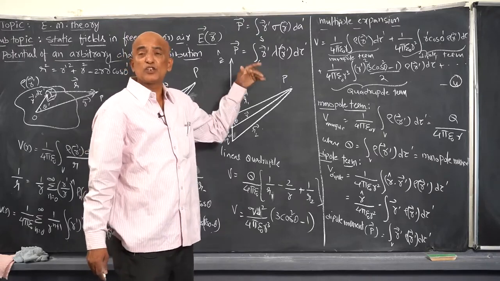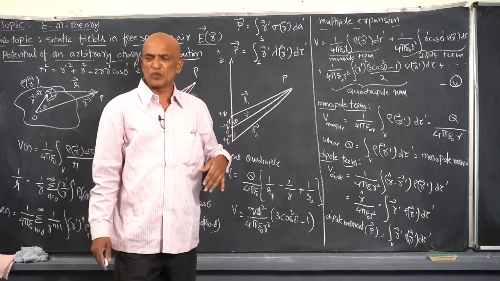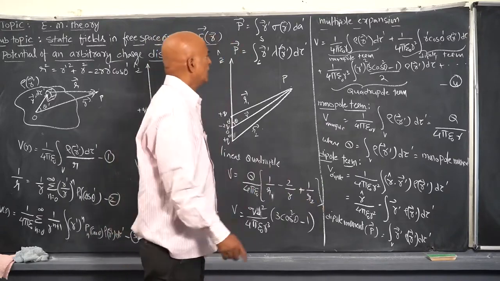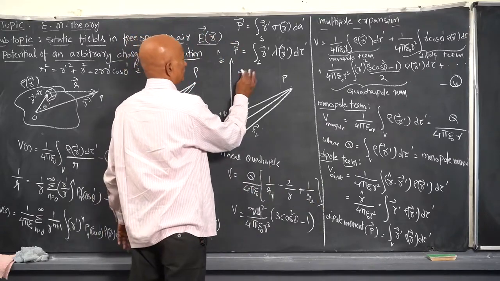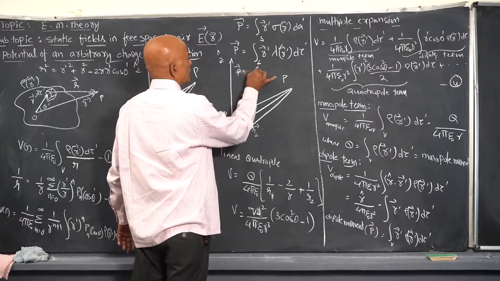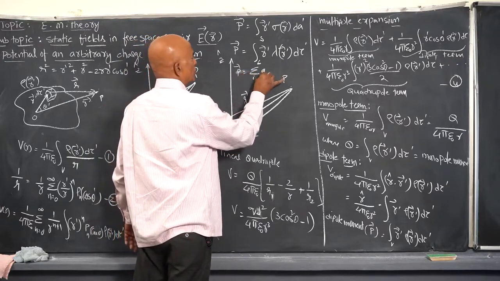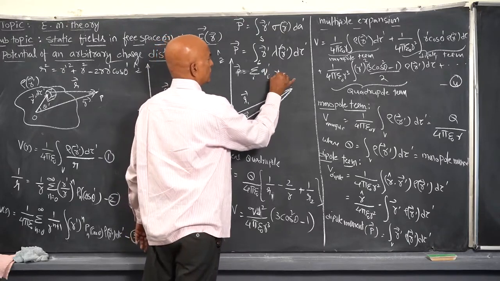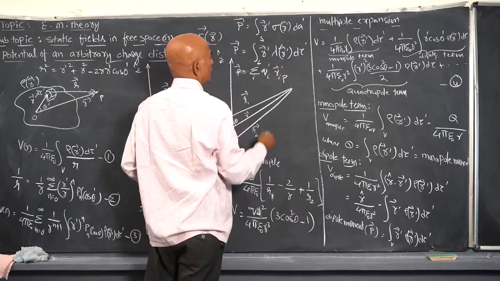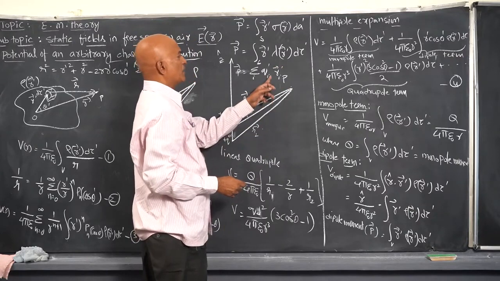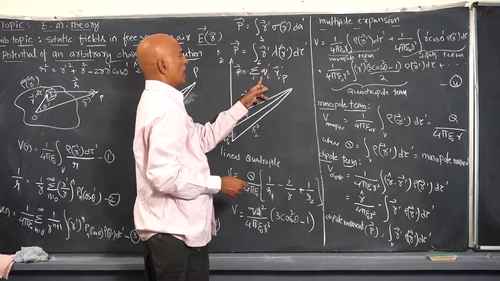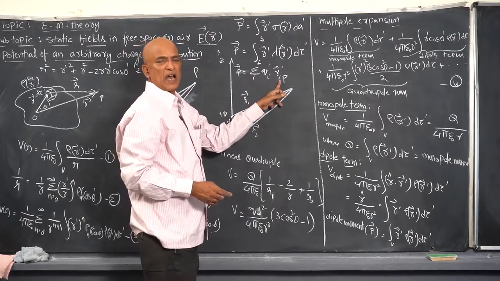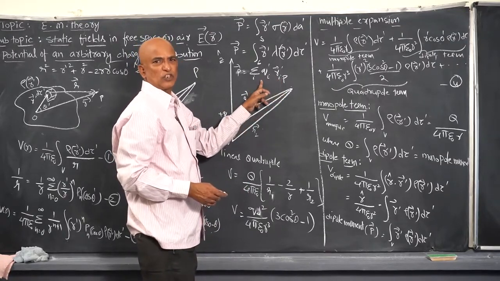Now if the charge distribution is not continuous, if it is a discrete charge distribution, then this expression can be written as P equal to sigma over i of qi prime into ri prime, where qi are the discrete charges and ri primes are the position vectors of those discrete charges.